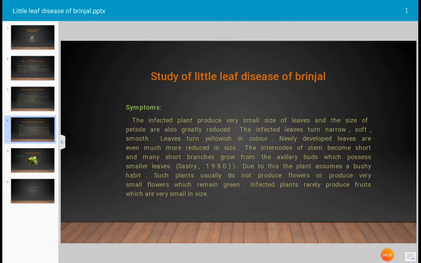The leaves of infected plants are highly reduced, and the infected plant shows stunted growth. The infected leaves turn narrow, soft, smooth, and yellowish in color. Even the newly developed leaves are more reduced in size. You can observe this in the museum specimen.